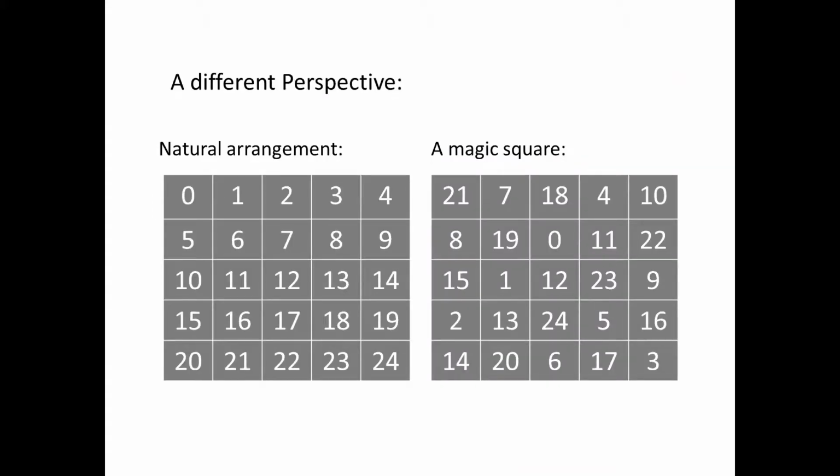We can look at this property from a different perspective. In other words, each row or column in the natural arrangement must be allocated in a different row and a different column in the magic square.